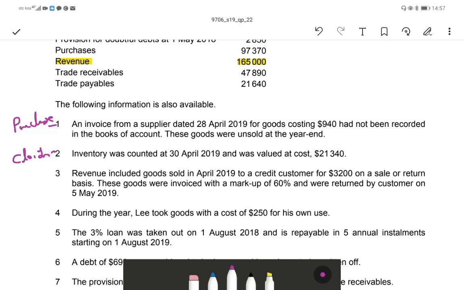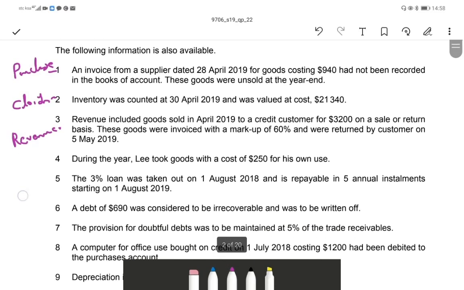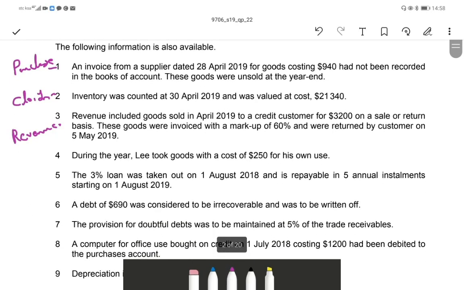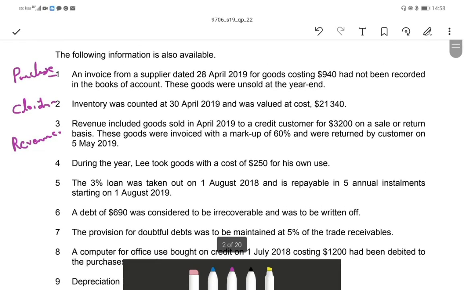Third, revenue included credit customer 3,200, sale or return basis, goods were invoiced. So this will affect our revenue. Then the fourth one, during the year, Lee took goods at cost for his own use, so we write drawing. Next, loan and loan interest.